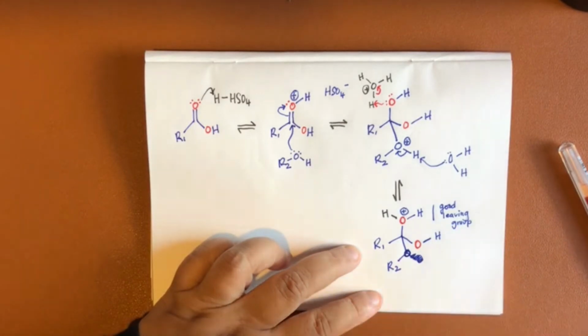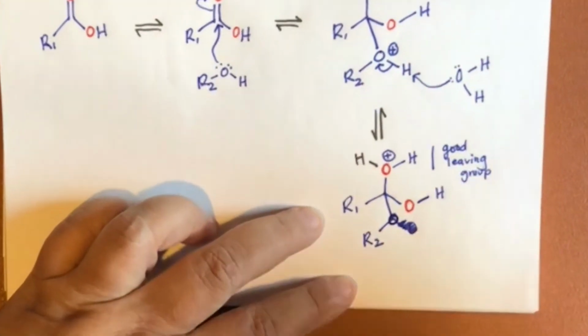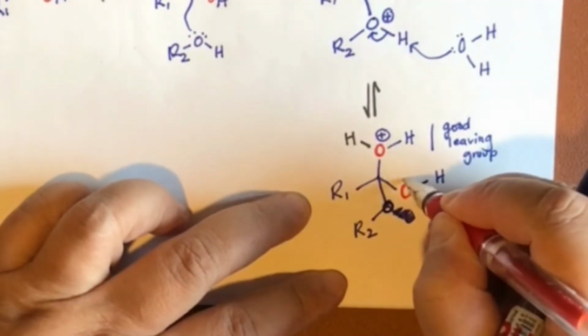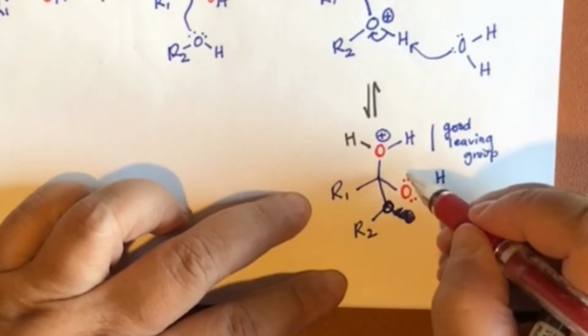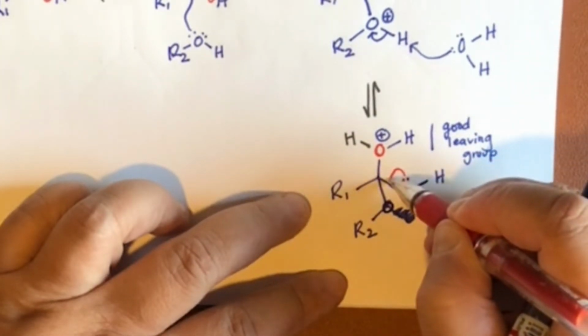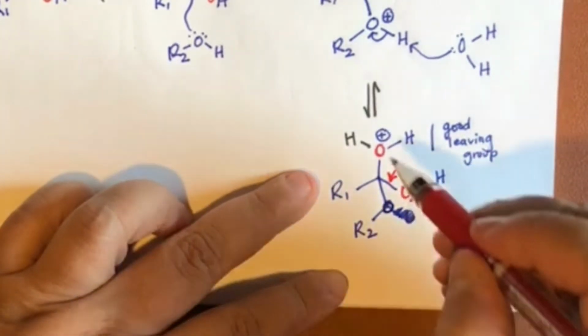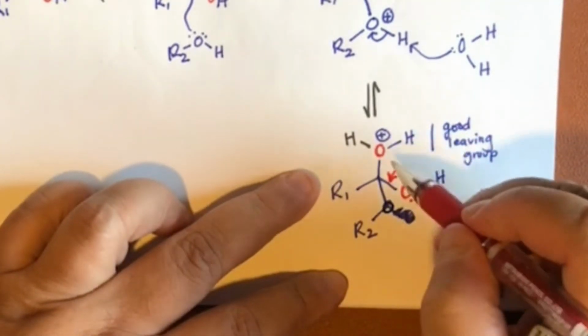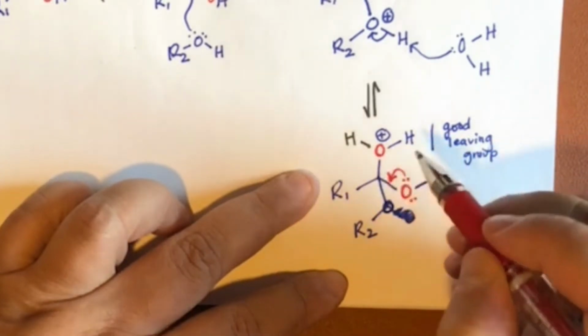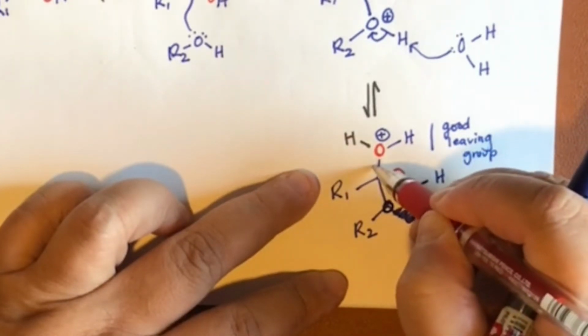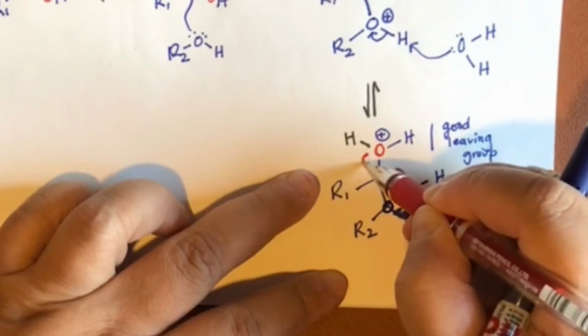What we do now is, since this has 2 lone pairs, this electron can then flow into the bond to form the carbonyl again, and then this bond will be broken.